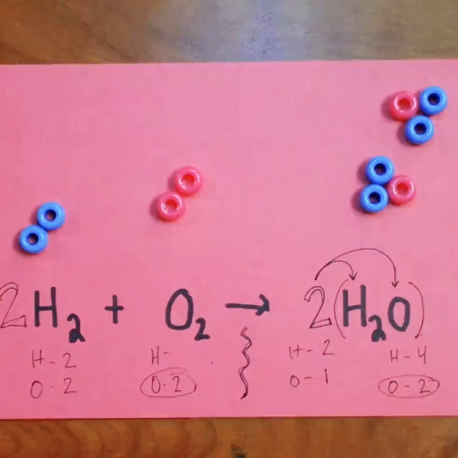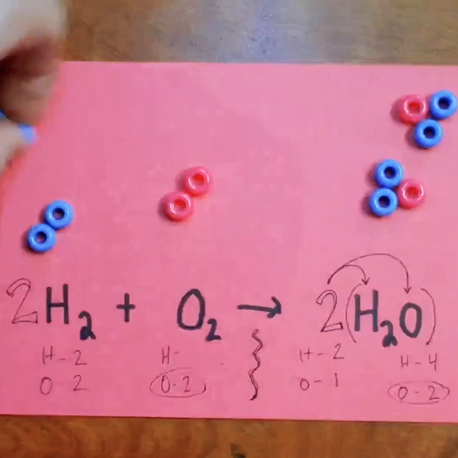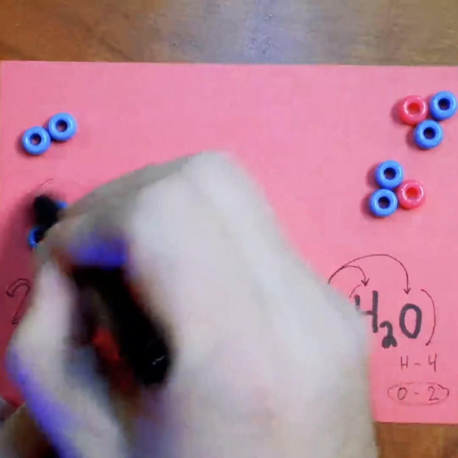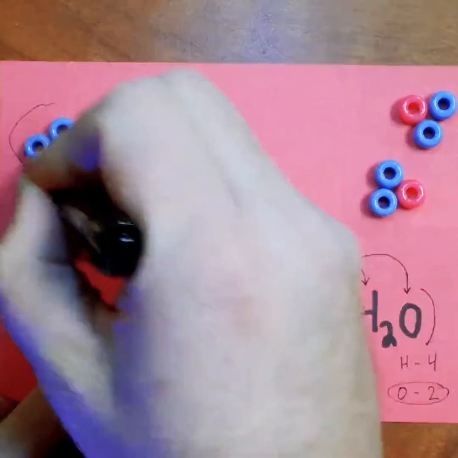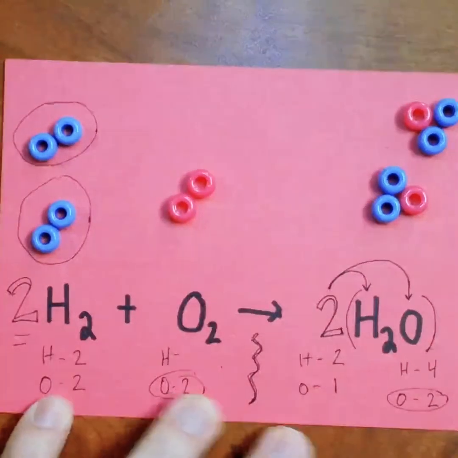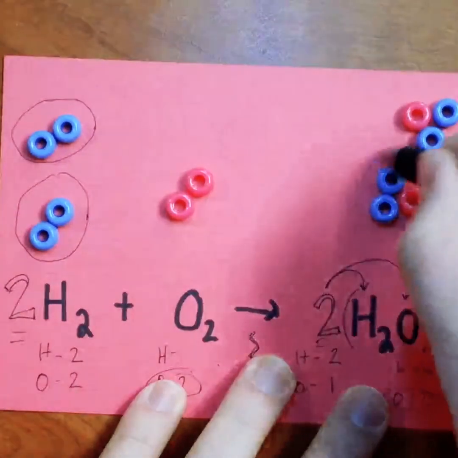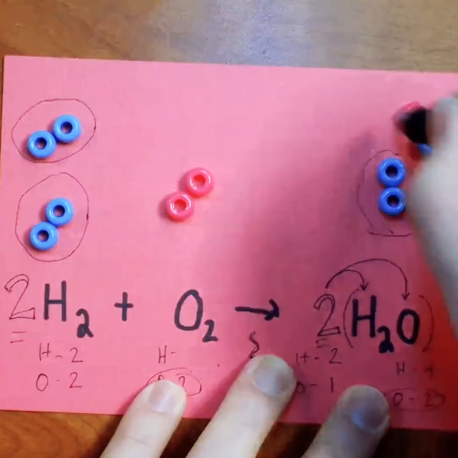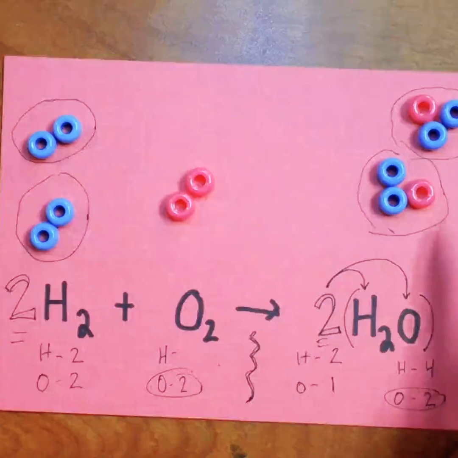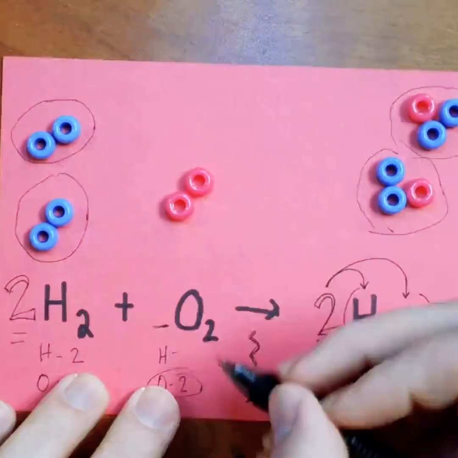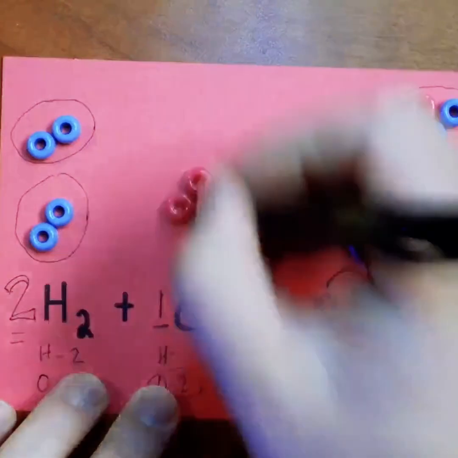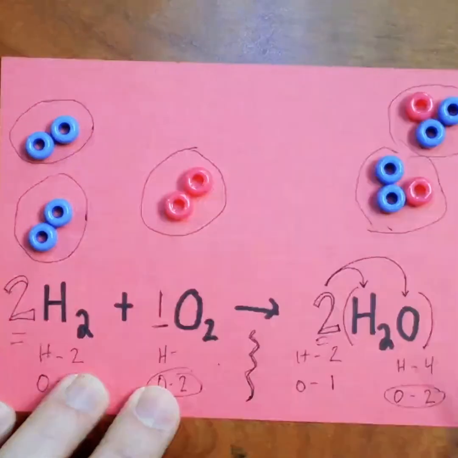Now, as we do this, I like to circle up to actually see what those coefficients actually look like. So 2, that means we have 2 groups of those. We have 2 groups of the water. And then what does it mean if there's nothing there? Well, it's actually just a 1, because if you look up above, we still have 1 group of oxygen.